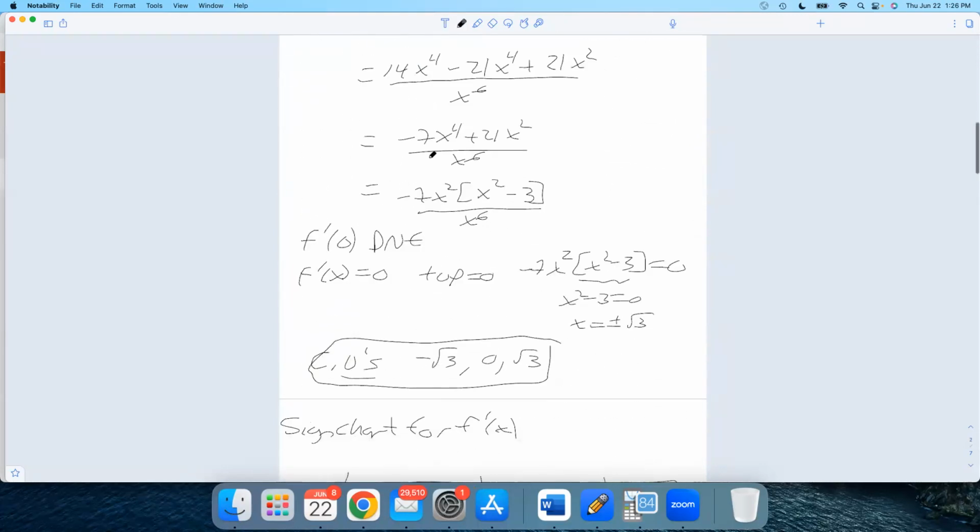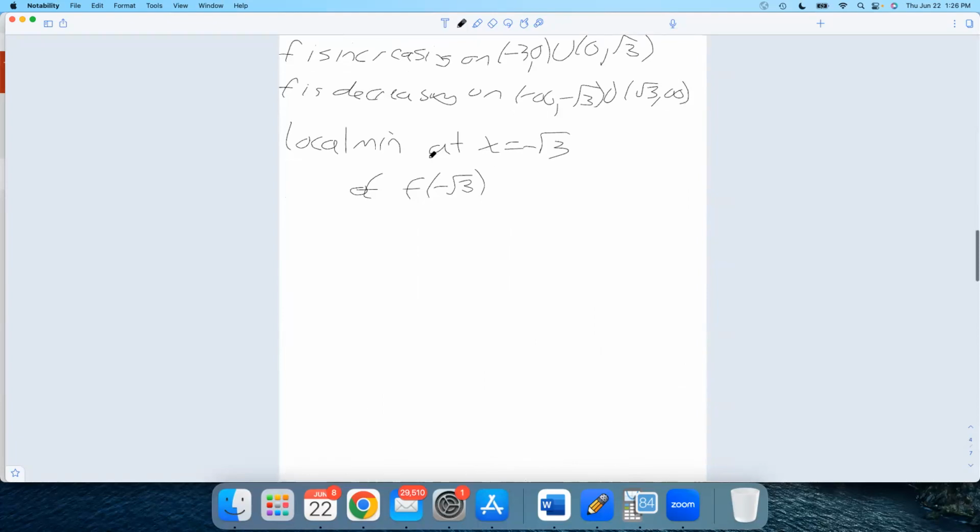So I'm going to rewrite our function here. That would be 7 negative root 3 squared minus 7 over negative root 3 cubed. Whatever that number is, it's going to be some nasty number. Squaring that number is going to make it positive.